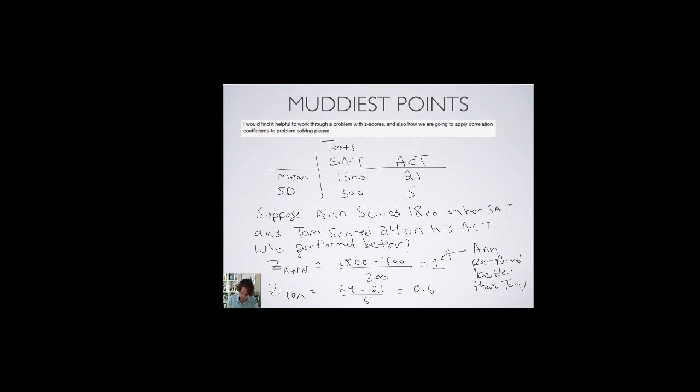So those are two of the muddiest points that came up this week. And the other one here is how are we going to apply correlation coefficients to problem solving?